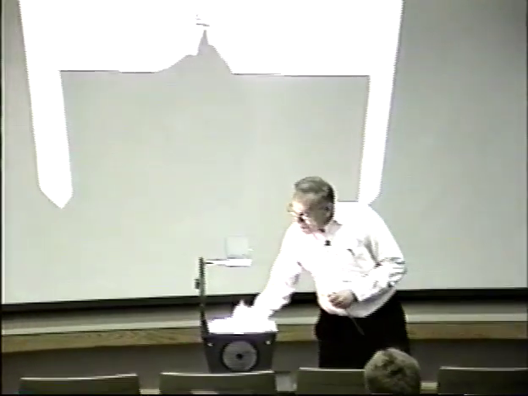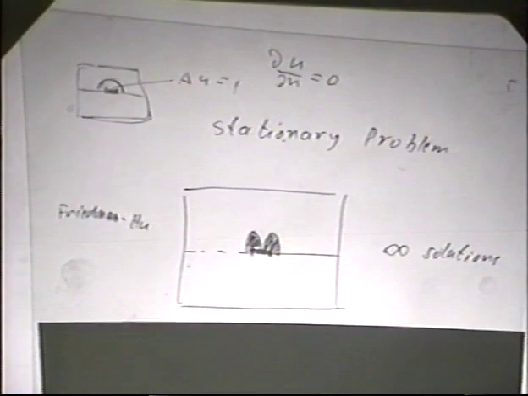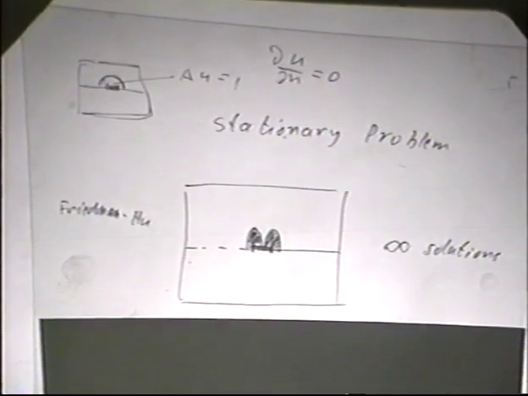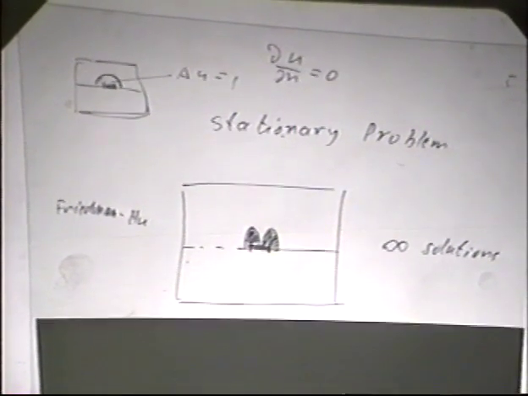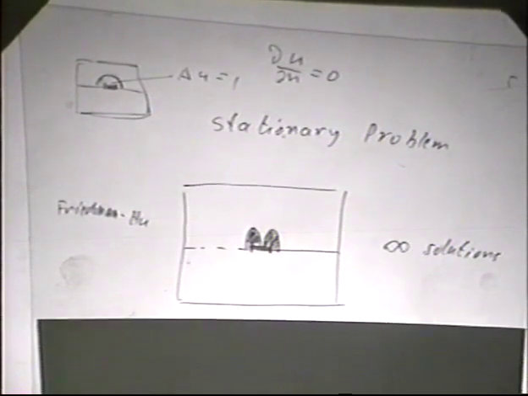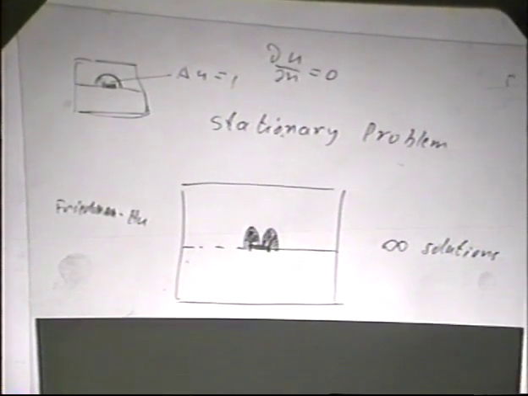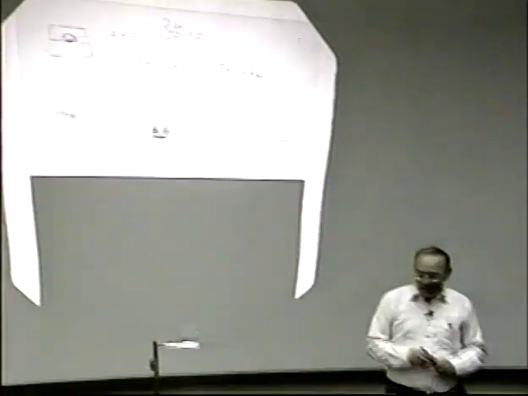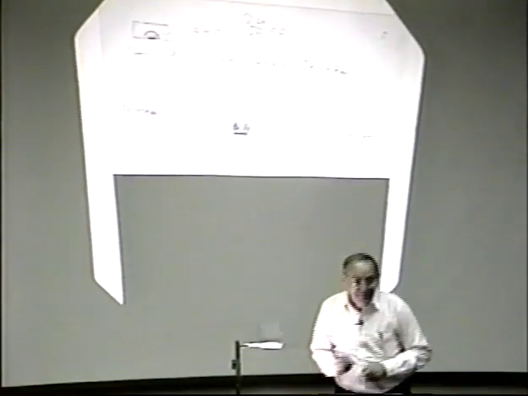So if this interval is very, very small, there are infinite number of solutions. So that's quite amazing, but what does it mean for the actual problem? So there are infinite number of solutions, and there are two components that are disconnected.